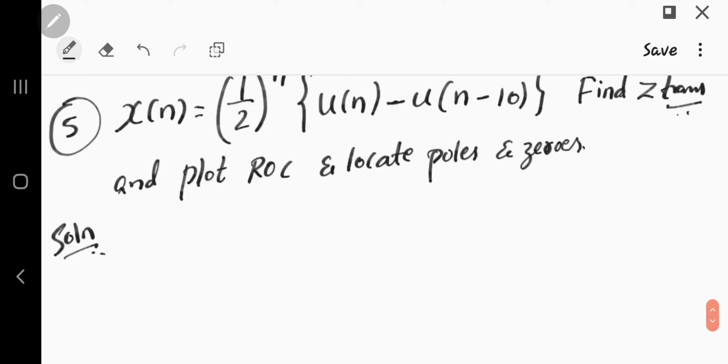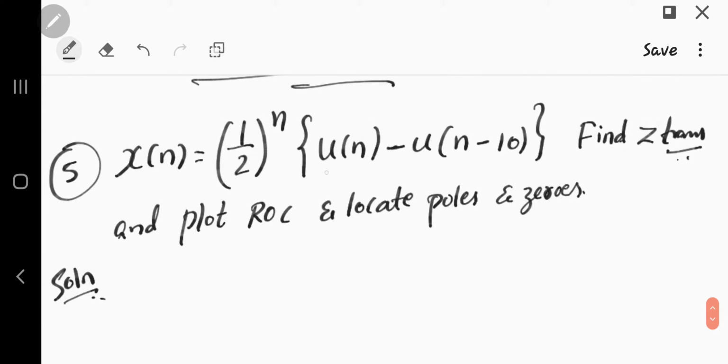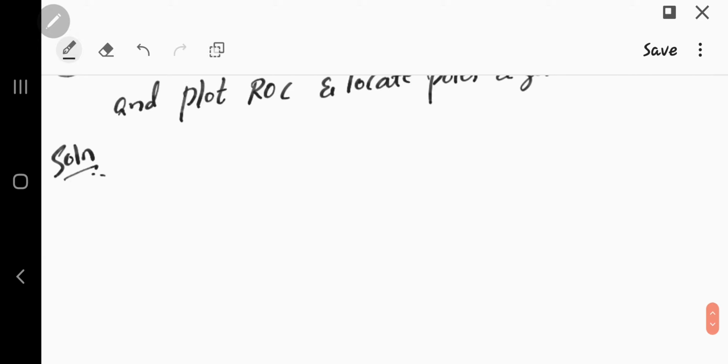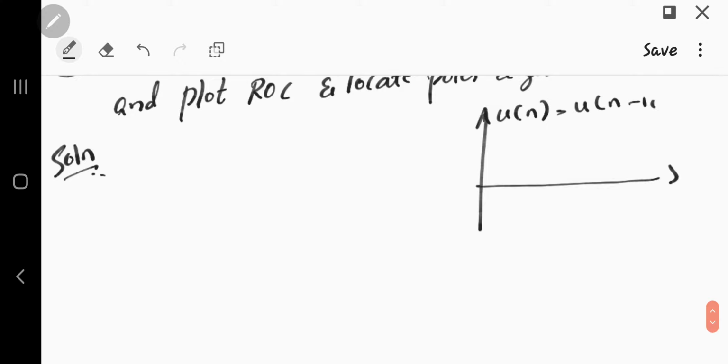Now if you look at this, you have u of n minus u of n minus 10, and the limit will be, you will be having a signal from 0 to 9. So this is what you're going to get, u of n minus u of n minus 10.